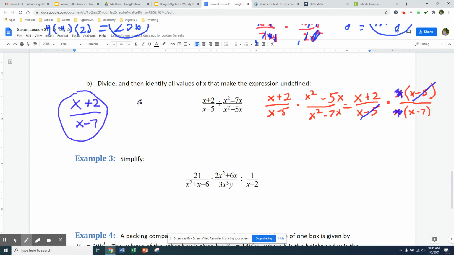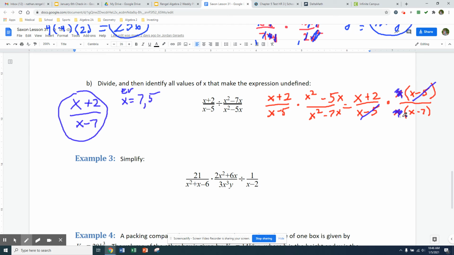And then identify all values of x that would make my denominator equal to 0. Well, if I put a 7 in for x, that would make it 0. So my excluded values here: a 7 would make it 0. I look back to my original problem. If I had a 5, that would make my denominator 0, because 5 minus 5 would be 0.